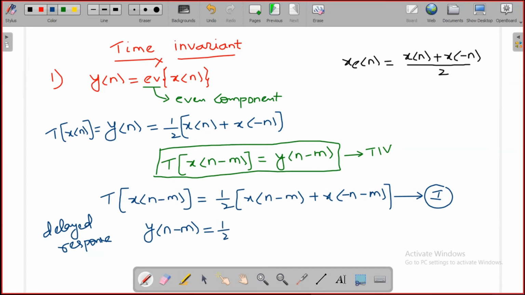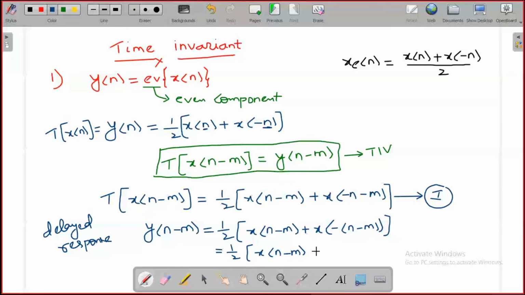So it is 1 by 2 into x of n minus m plus x of, again here, minus of n minus m. So what is it? 1 by 2 x of n minus m plus x of minus n plus m, which is equation 2.